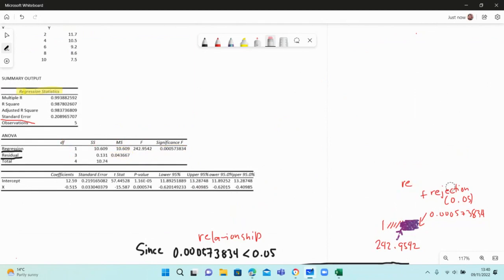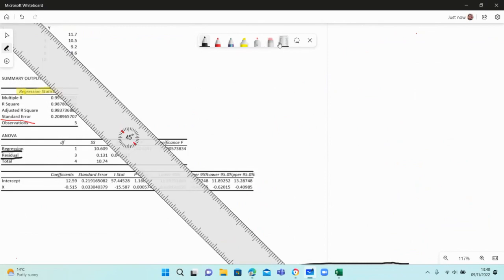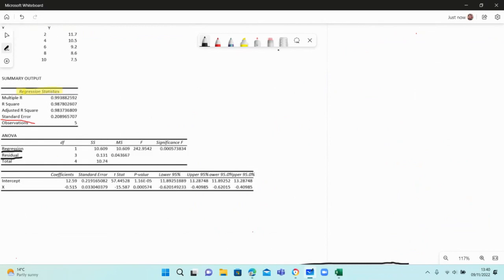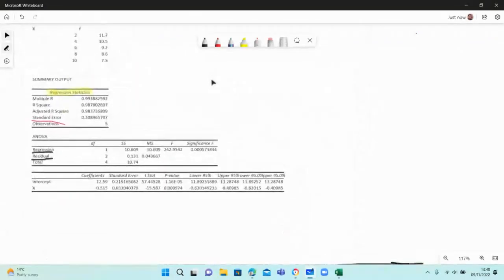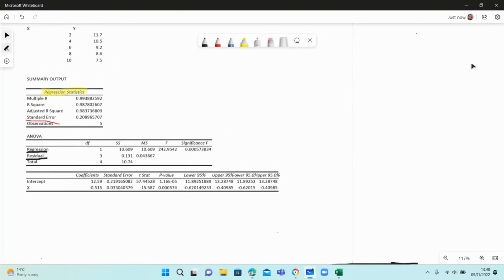Okay, for the last part of our summary output, what we are given is again a table of values, where you have two rows. First, you have a row for the intercept, and the second row is a row for the coefficient of the variable x in our regression model.